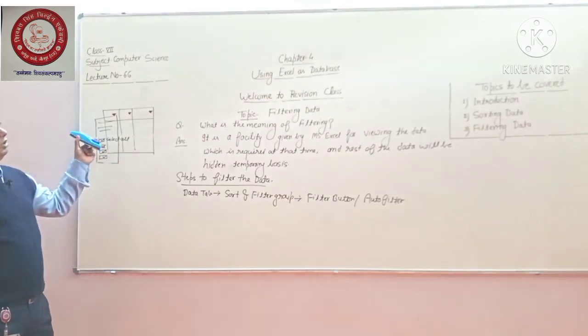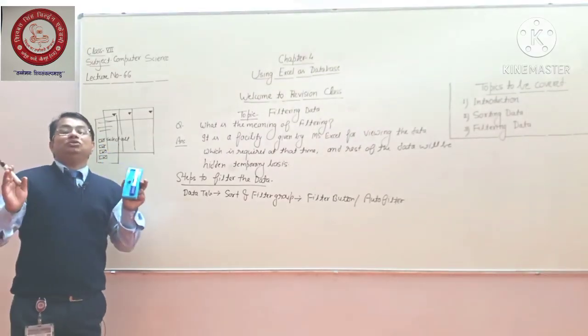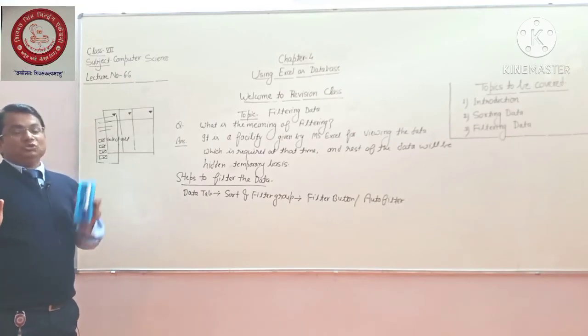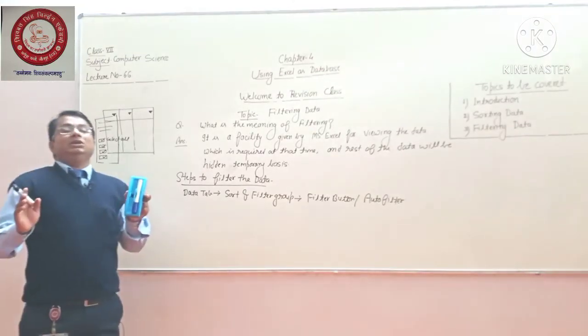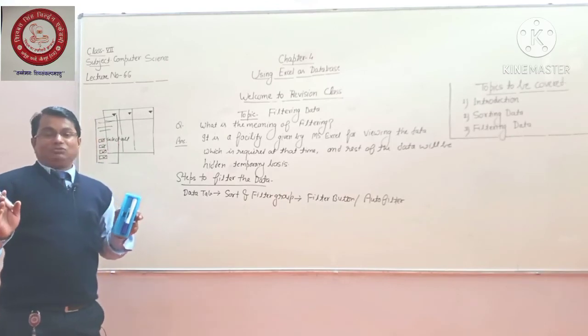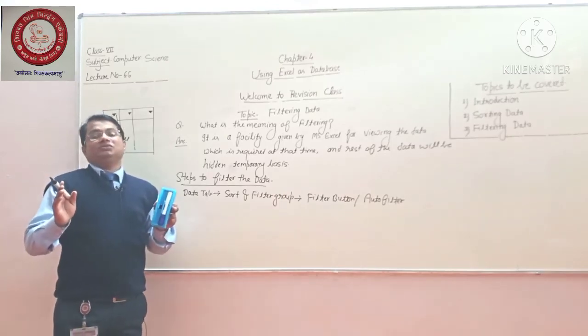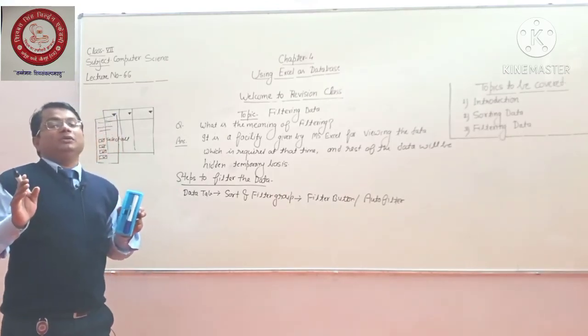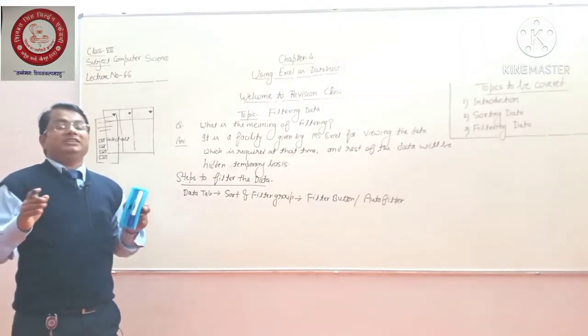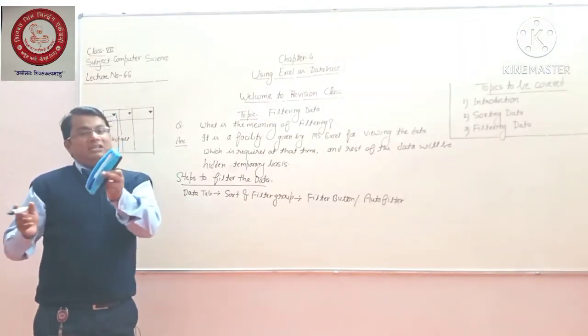So I have already told you two different methods for sorting. The first method: go to the Data tab, the Sort and Filter group, and click on the ascending order button or descending order button. This is method number 1.